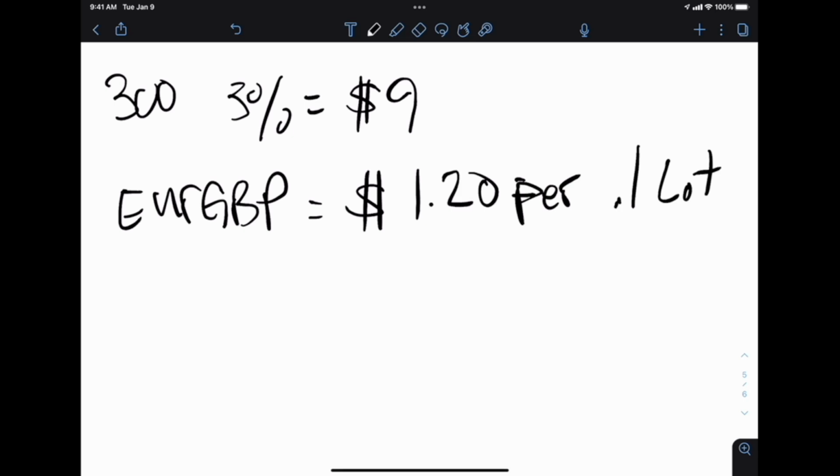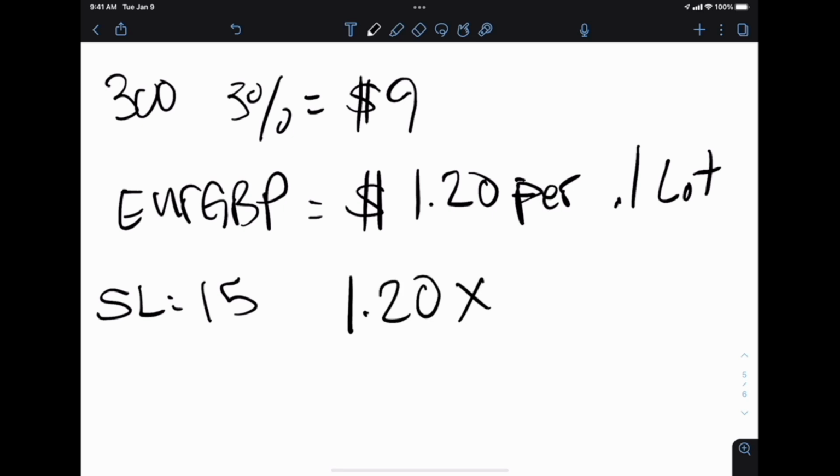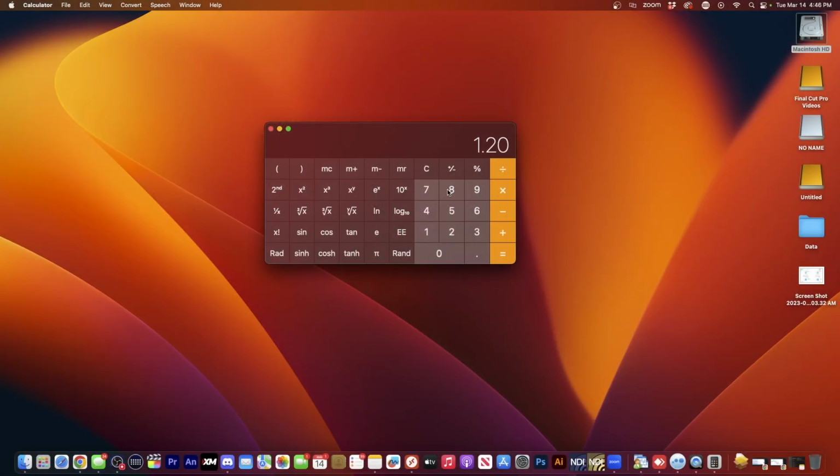So let's say our stop loss was 15 pips. We would say 1.20 times 15. That'll give us 18.